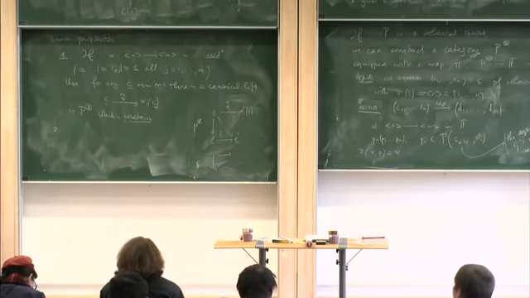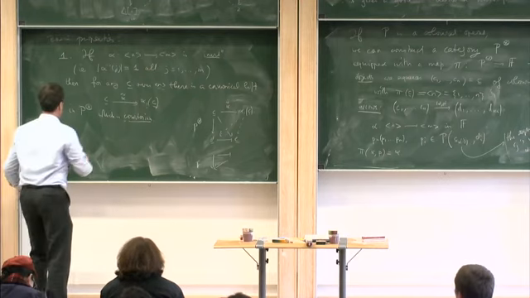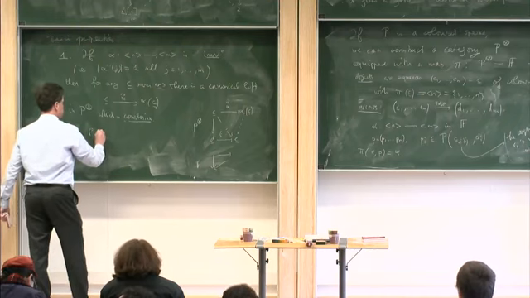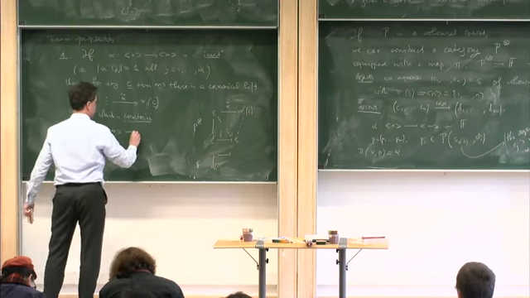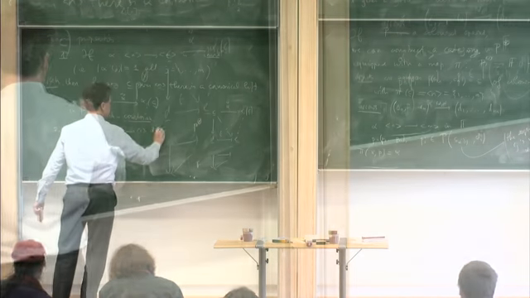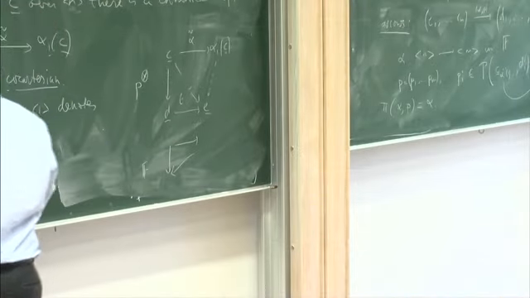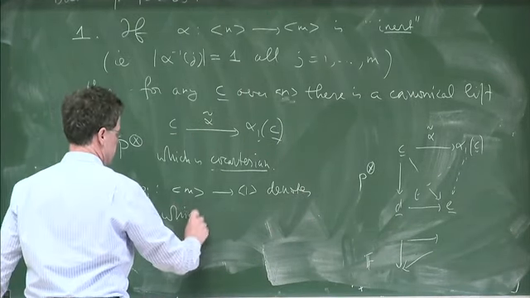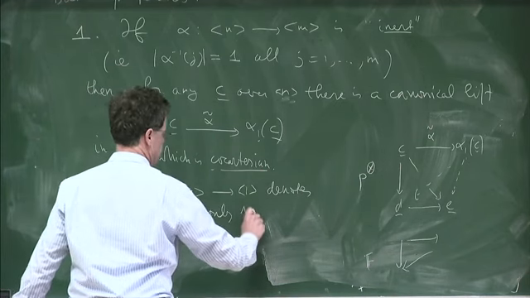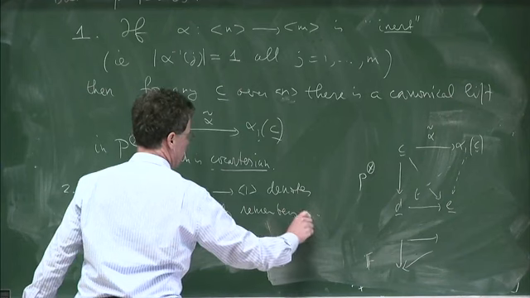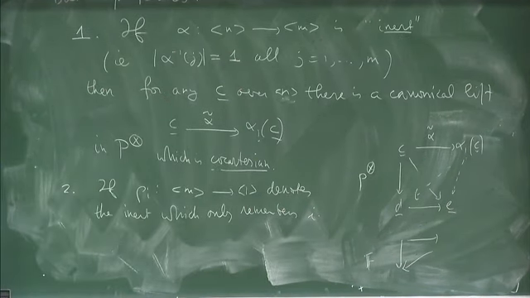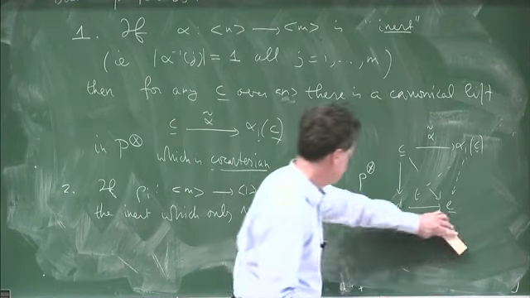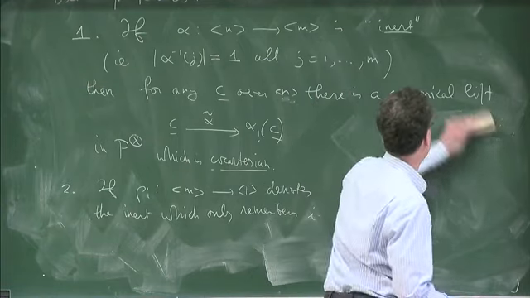And if you have these lifts, then in particular, if rho i from M to 1 denotes the inert map which only remembers i, so it's undefined except at place i, then, let me erase this picture.